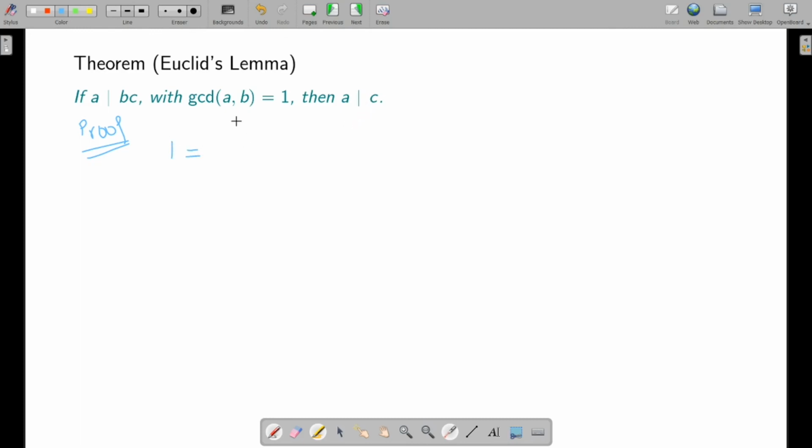The proof of this is very simple. Since the GCD of A and B is 1, you can write 1 as some AX plus BY. Okay, so I want to prove that A divides C. So what do I need to do?